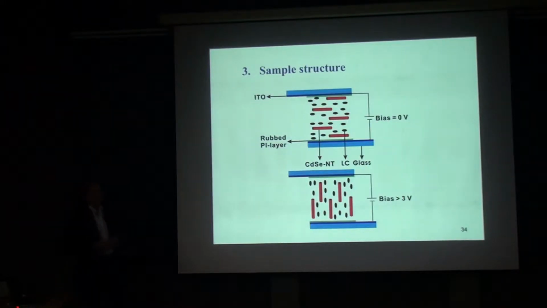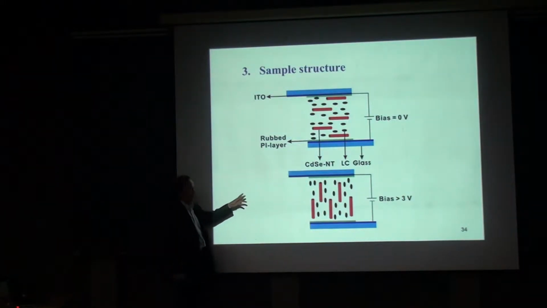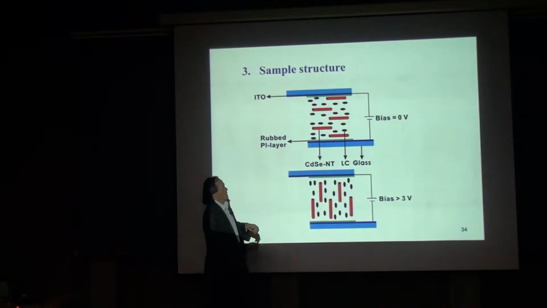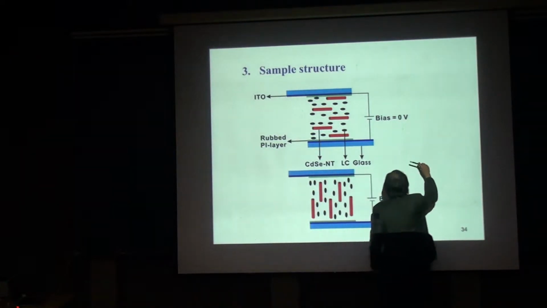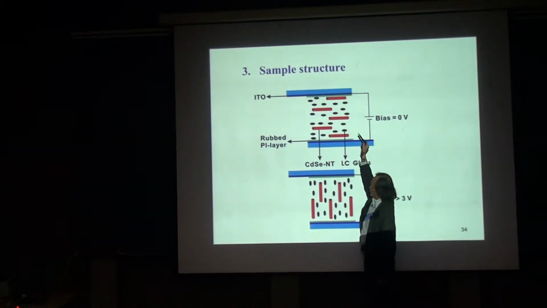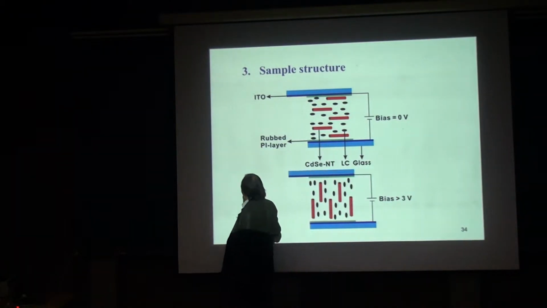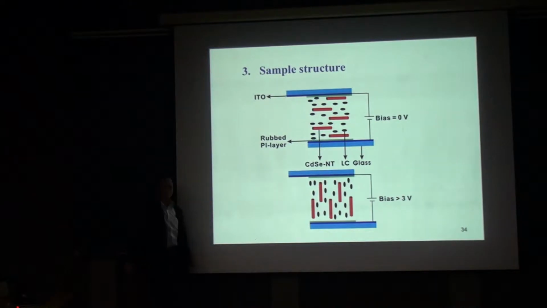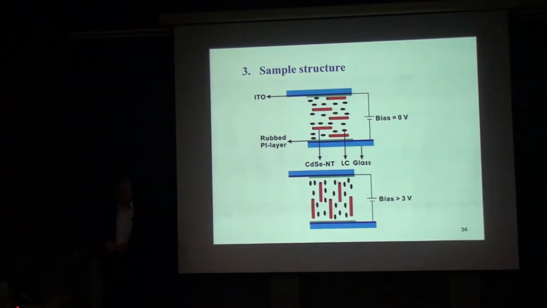So this is the figure to show you what I say. We put the semiconductor nanowire into the liquid crystal device. The red one represents the semiconductor nanowire, and the black one represents the liquid crystal molecule.